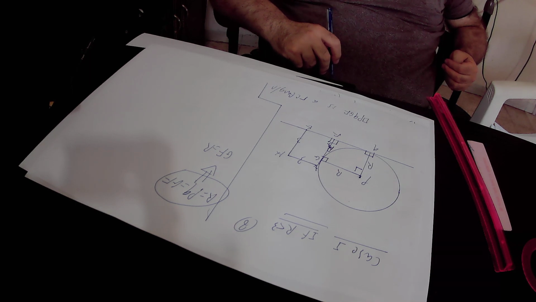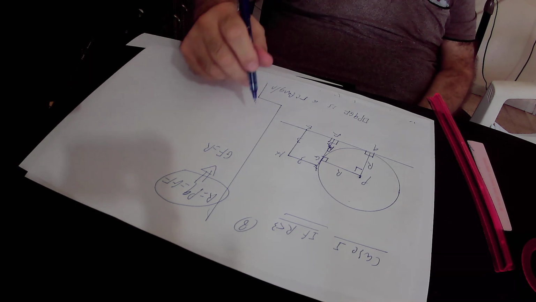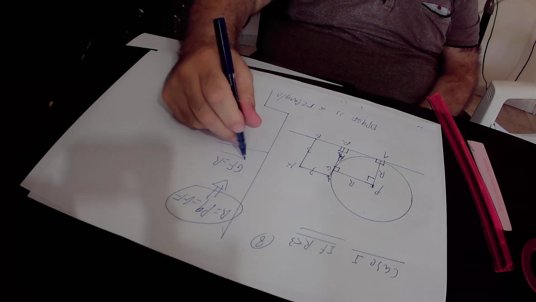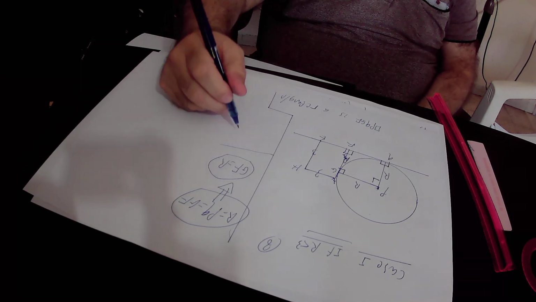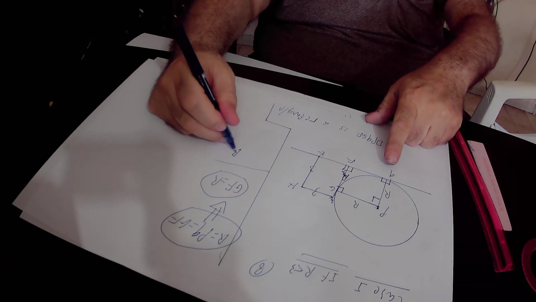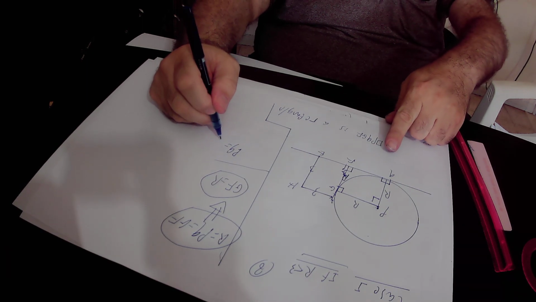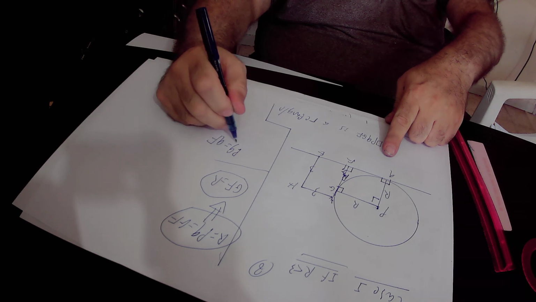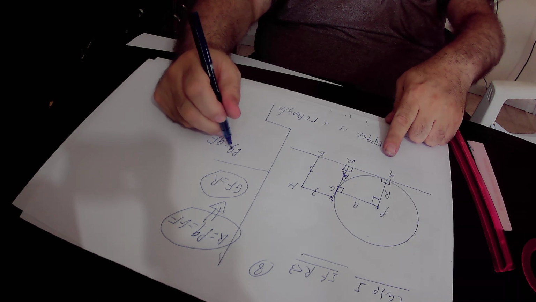Likewise, according to the same rule that the opposite sides of a rectangle are equal to each other, we get that PG is equal to QF.